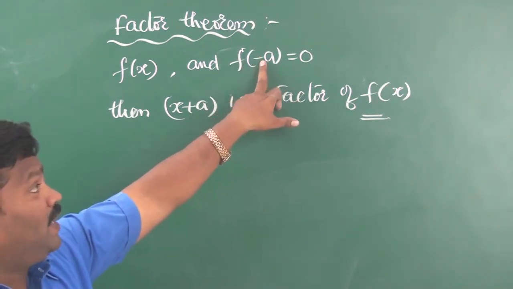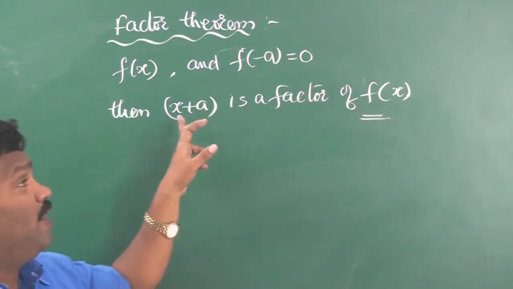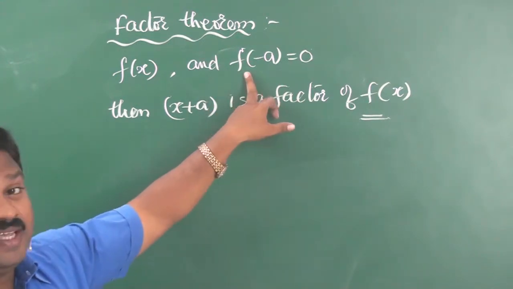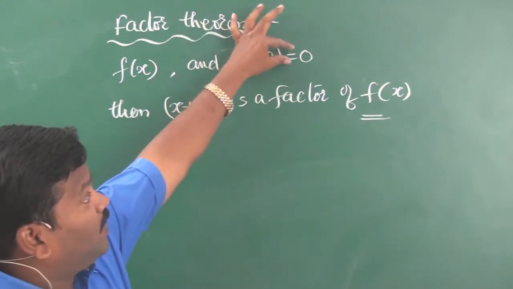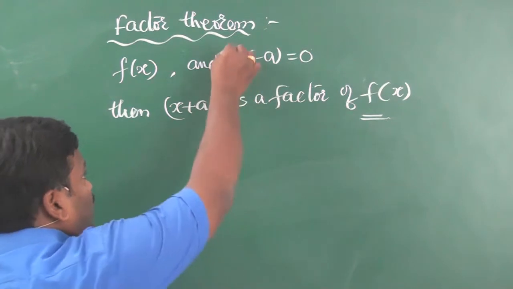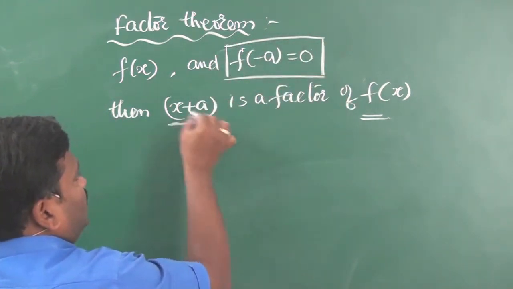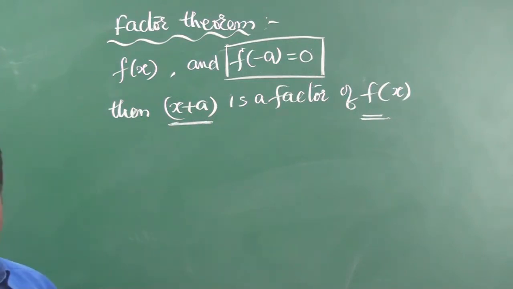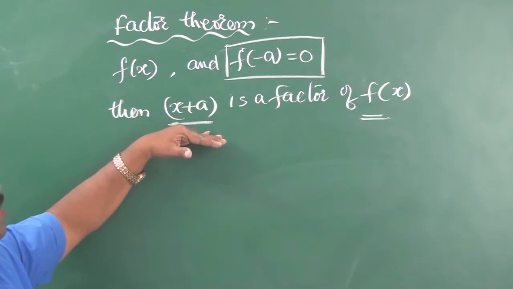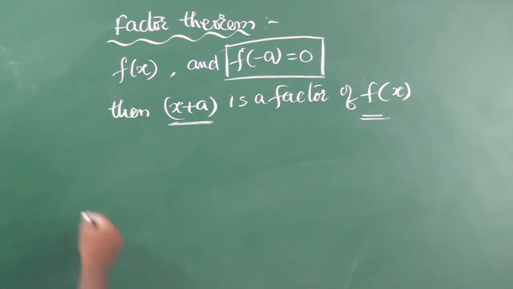This is the remainder when f of x is divided by x plus a. F of minus a is the remainder. If the remainder becomes 0, then the divisor becomes a factor, as we learned before. Therefore, this is called the statement of the factor theorem. Let us prove it.